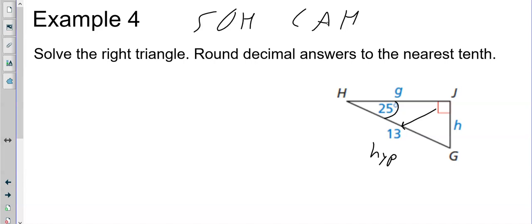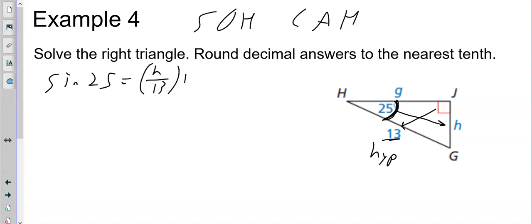So from H, opposite is right there, and the hypotenuse is right here. So sine of 25 equals H, or X, doesn't matter, over 13.